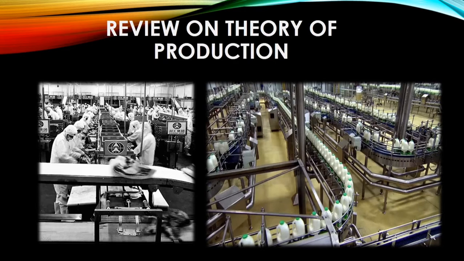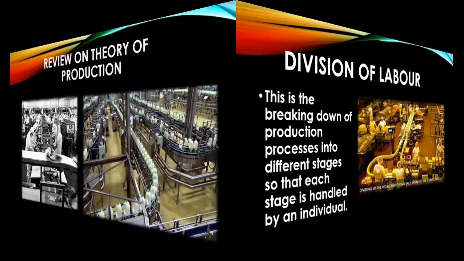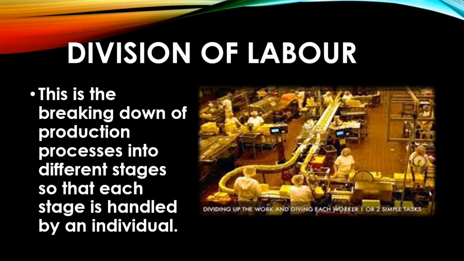Division of labor may be defined as a system of breaking down production processes into different stages so that each stage is undertaken or handled by an individual. This division of production processes will depend on the type, size of the industry, and the nature of goods produced.